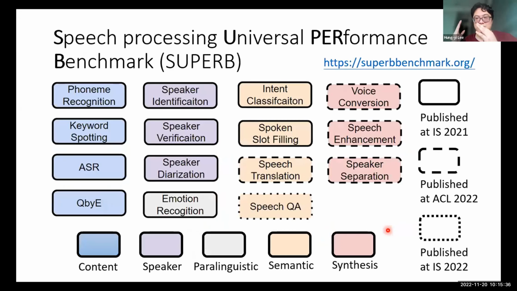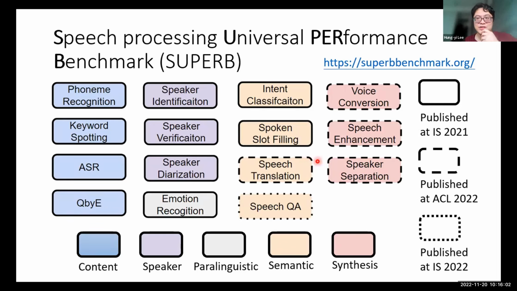Those pre-trained speech models can also be used on a wide range of different tasks. Just as I have mentioned, BERT achieved good performance on all the GLUE benchmark tasks. And just like BERT, the speech pre-trained model can be used on a wide range of different speech-related tasks.